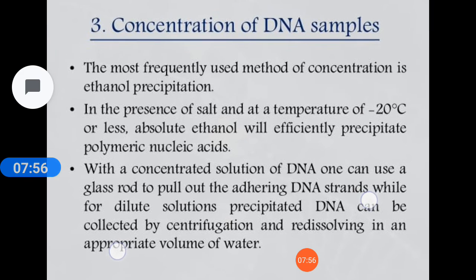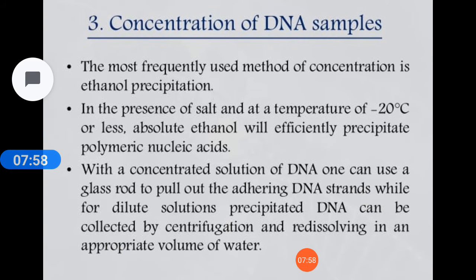Next point, concentration of DNA samples. The most common method of concentration is ethanol precipitation in the presence of salt and at a temperature of -20 degrees centigrade or less. Absolute ethanol efficiently precipitates polymeric nucleic acid.